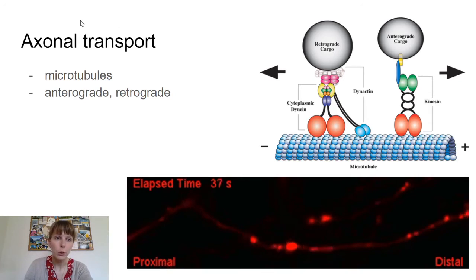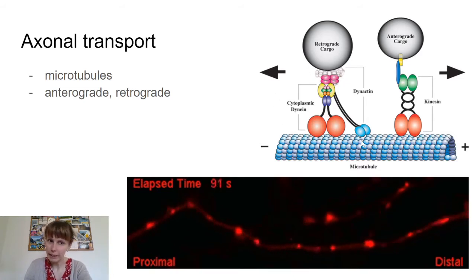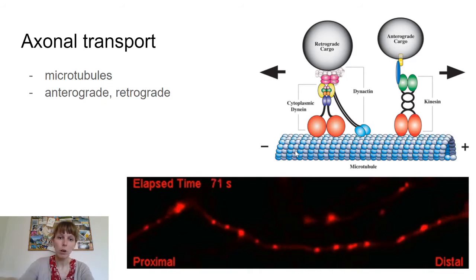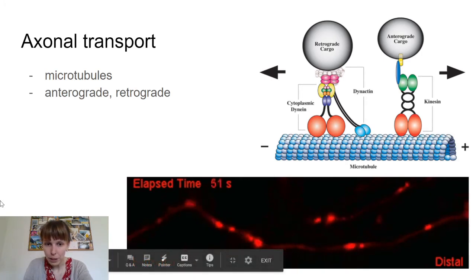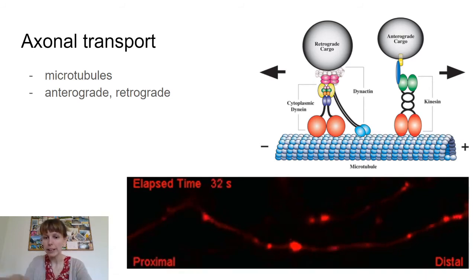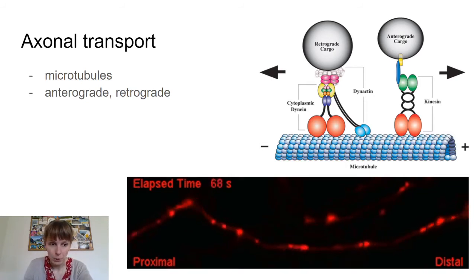So you need to carry out quite a lot of transport along the axon, and this is carried out by motor proteins, so kinesin and dynein, and these guys will be using energy, so ATP basically, and they will be walking along microtubules.